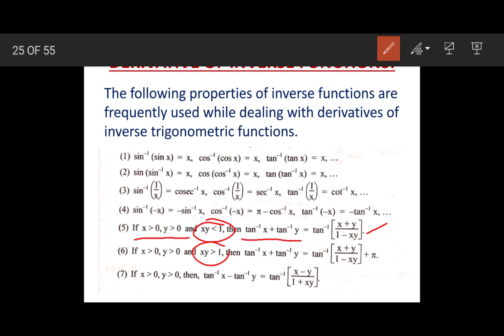And if xy is greater than 1, then tan inverse x plus tan inverse y will be tan inverse of (x plus y) upon (1 minus xy), plus pi. And if x is greater than 0 and y is greater than 0, then tan inverse x minus tan inverse y is equal to tan inverse of (x minus y) upon (1 plus xy).